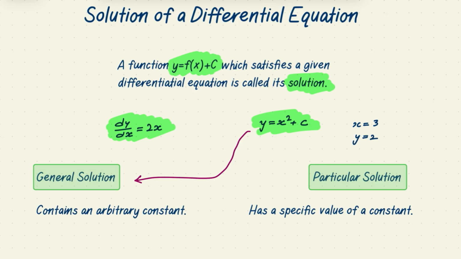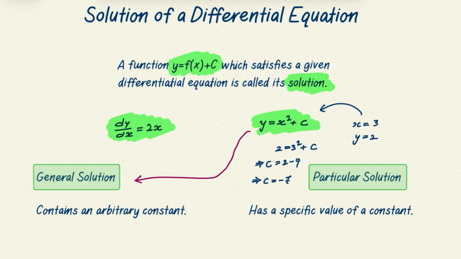If this type of condition is given, then we put the value of x and y in the general solution, and we will get 2 equals 3 square plus c. So here we get the value of c as 2 minus 9, which is minus 7.